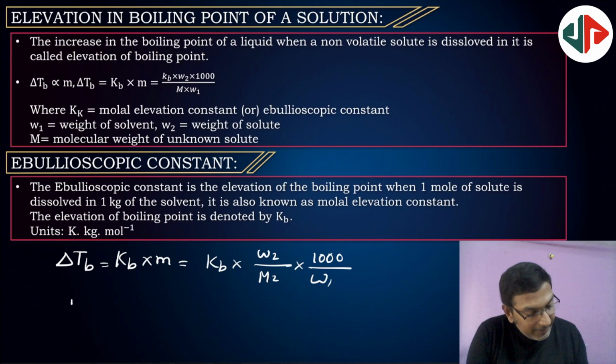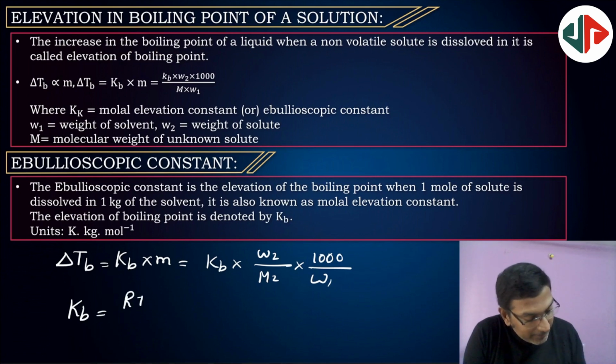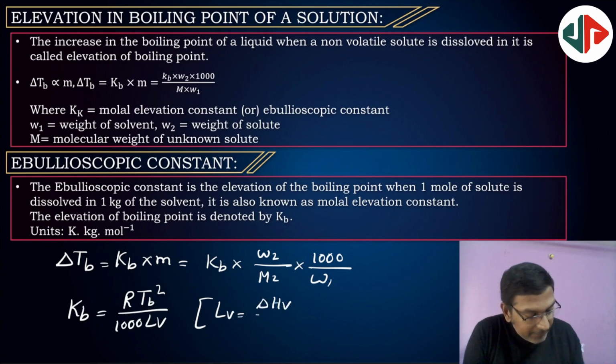Next, Kb is molar elevation constant or ebullioscopic constant. It can be calculated by using R Tb square by 1000 into Lv, and Lv is delta Hv by molecular weight of solvent.